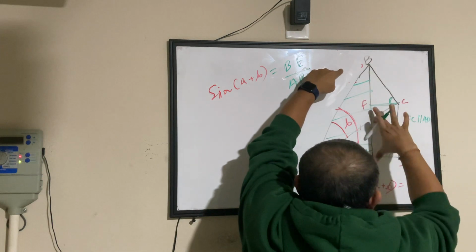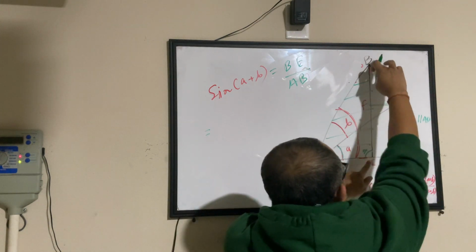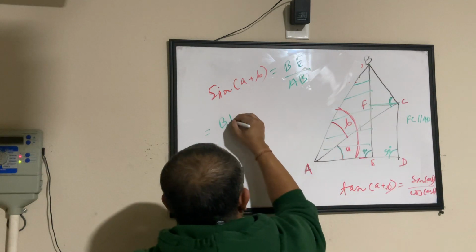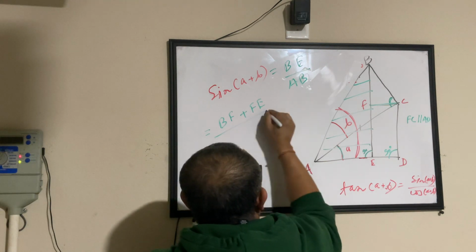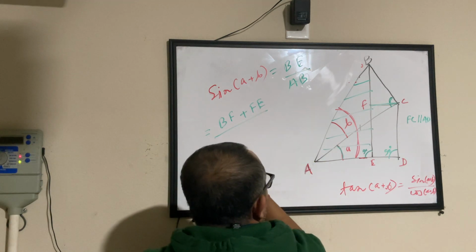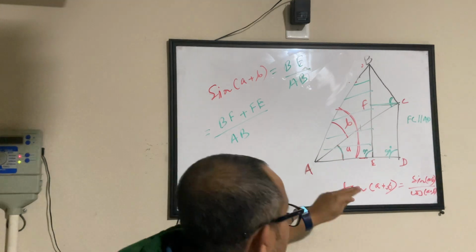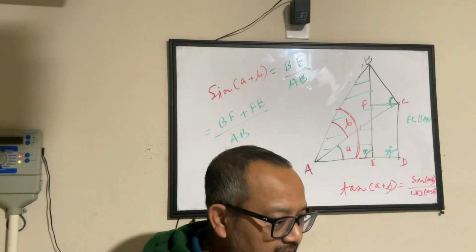This piece plus this piece together. So instead of BE, I can say BF plus FE, divided by AB. I did not do anything fancy, okay? I just split this line into two pieces. That's it.